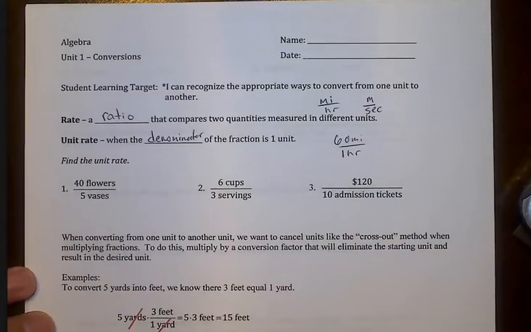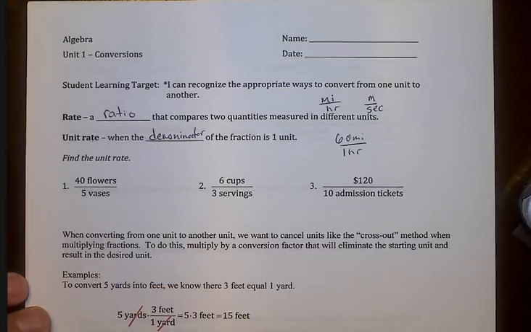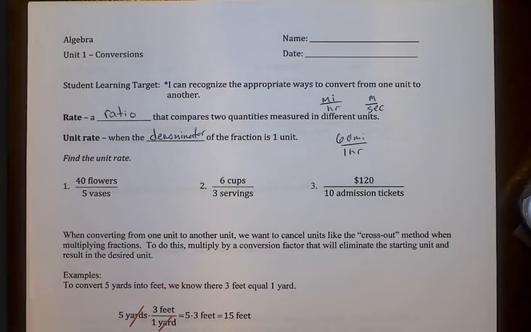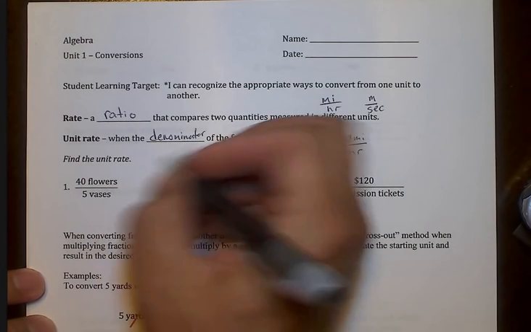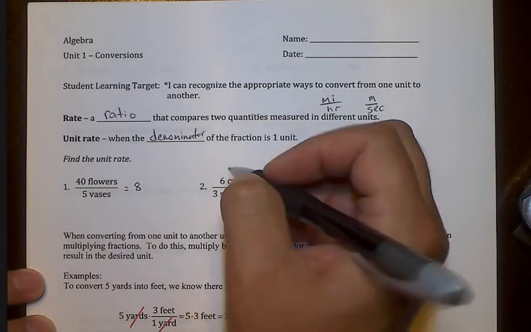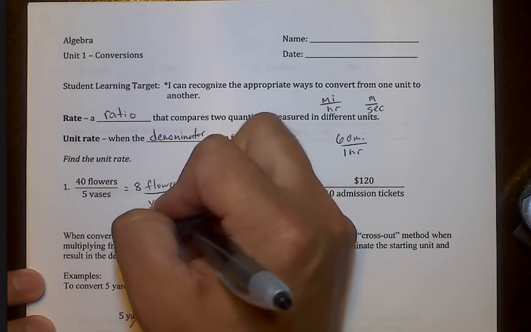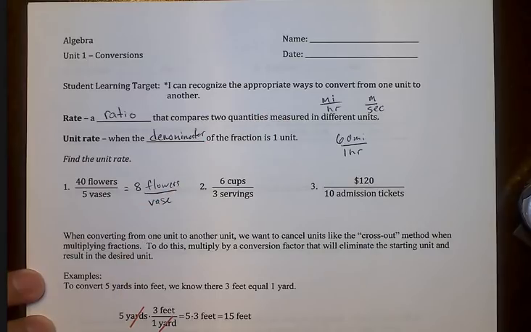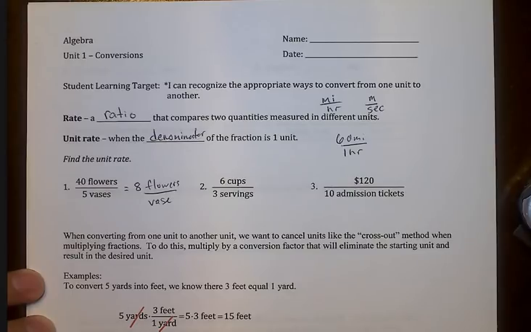I know that I can fit 40 flowers in 5 vases. So how am I going to figure out how many flowers I can fit in one vase? I'm going to divide 40 by 5, so I know that equals 8 flowers per vase. The denominator is 1. Next, I have 6 cups and 3 servings, so how many cups are in one serving?